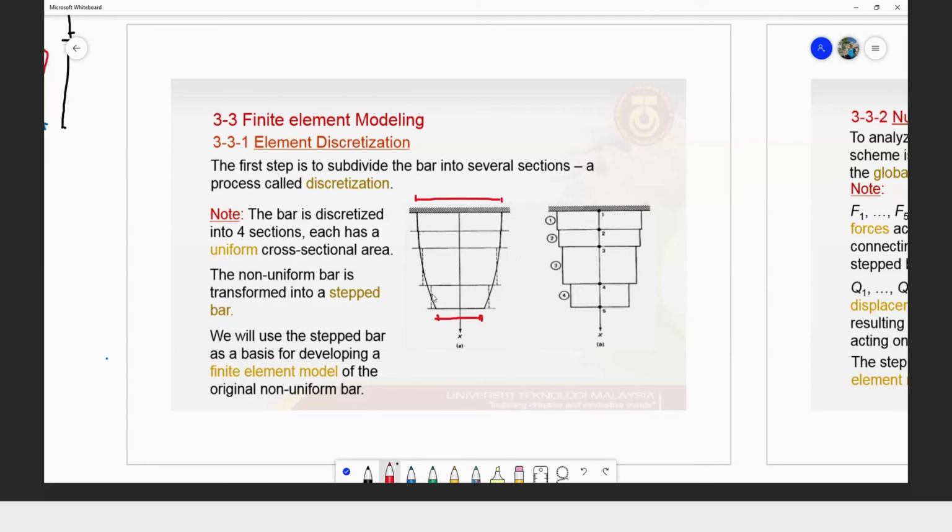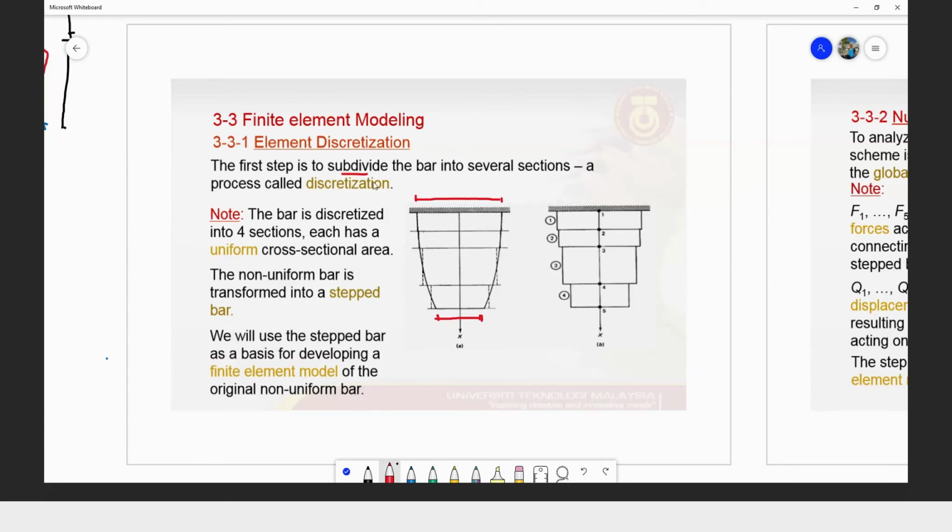So how can we discretize? Discretize ni maksudnya kita subdivide our structure, the whole structure into several small elements. How small or how big the elements? You as engineers have to decide how small you want to use, how big. But in this course, usually we will instruct you to use how many elements to simplify the problems.